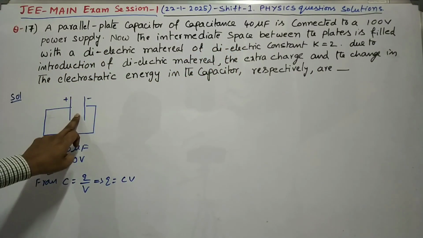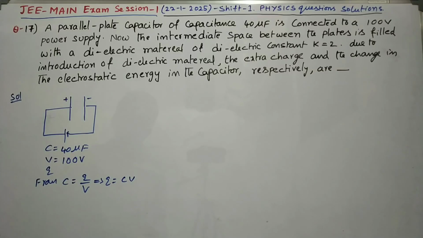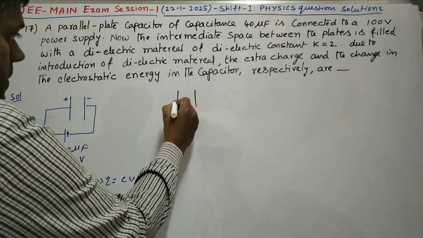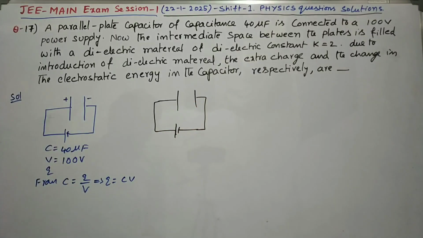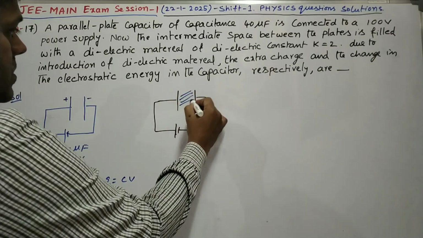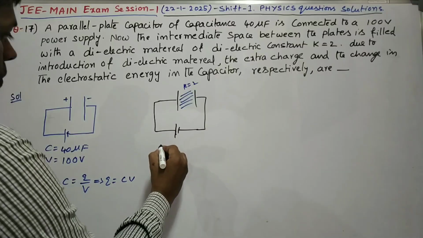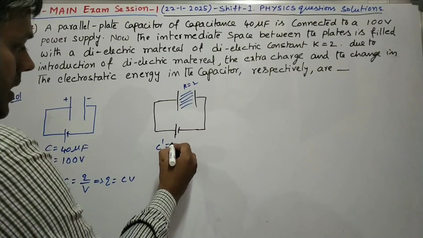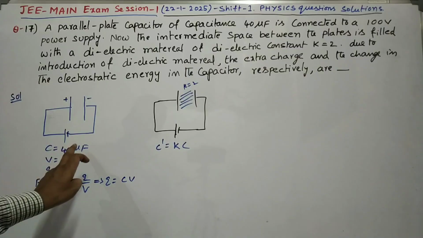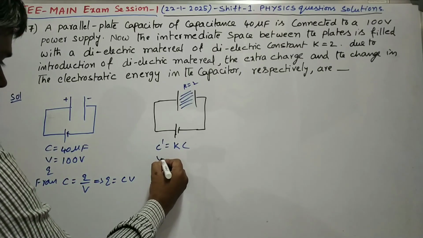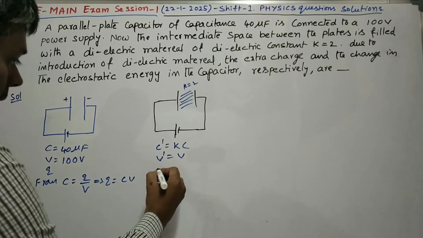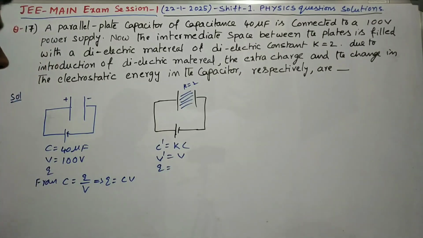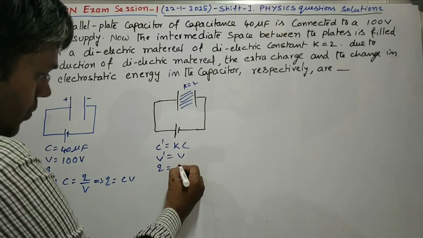The same capacitor connected to the 100 volt cell is now filled with a dielectric material of dielectric constant K equal to 2. The capacitance changes to K times its initial capacitance C. There is no change in potential, that means V dash is equal to V. The charge changes from Q to Q dash.